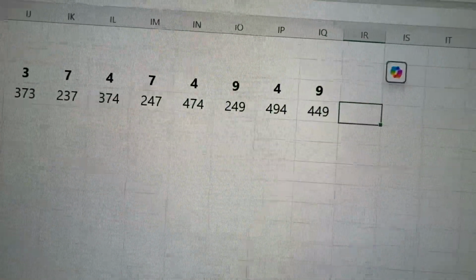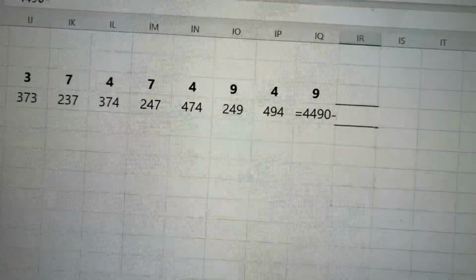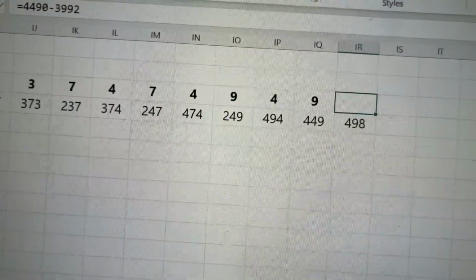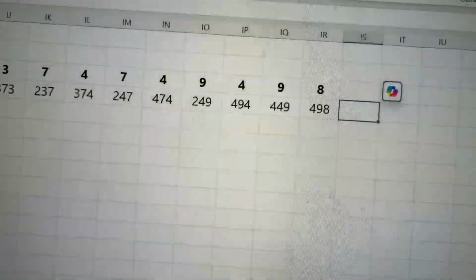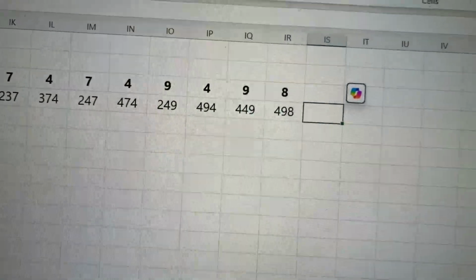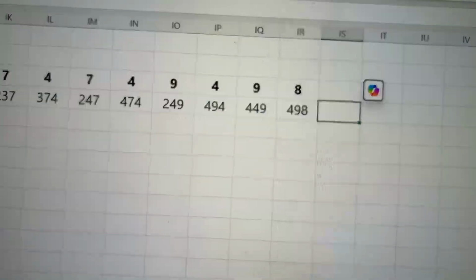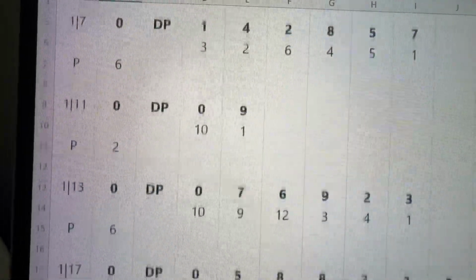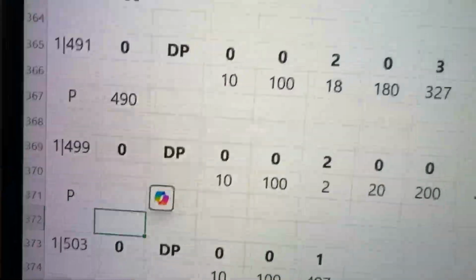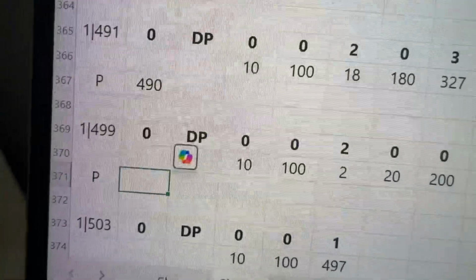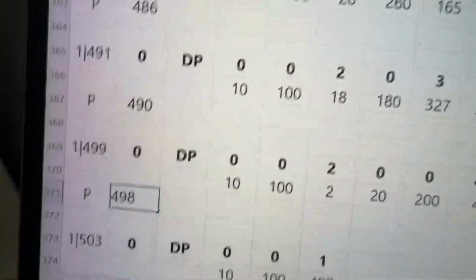Here, that's 499 times 9. And look, there you go. I just come up to 498. Come up to column IR. So you know what that means. This is the area that I would put the number of digits in the period, in the cycle, of every prime reciprocal. So for 499, the number of digits in the cycle is 498.